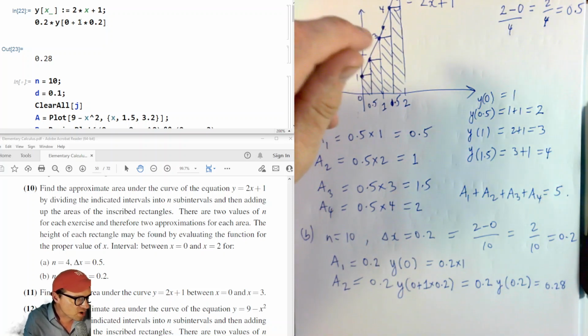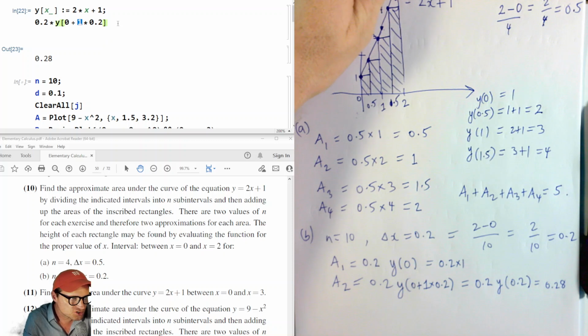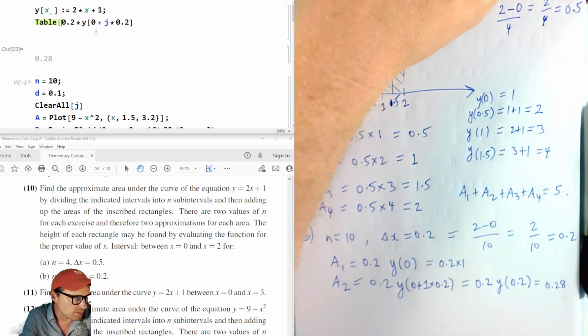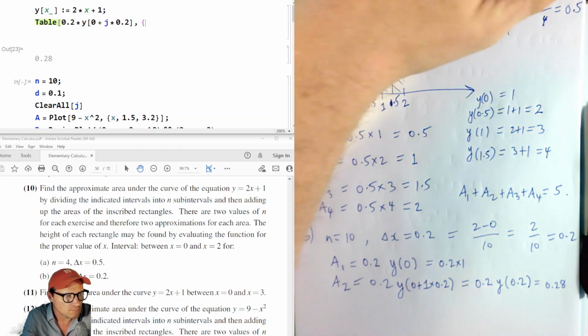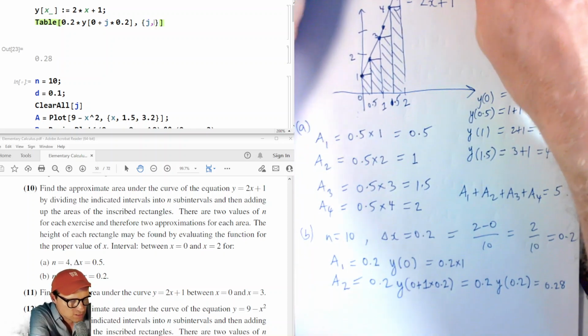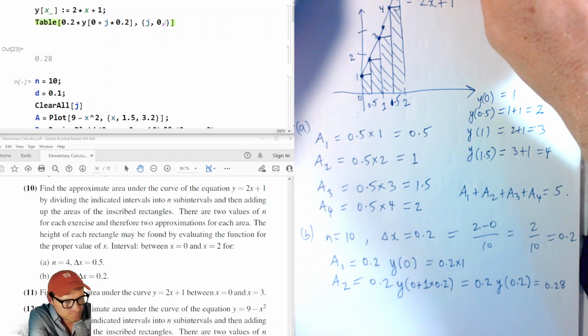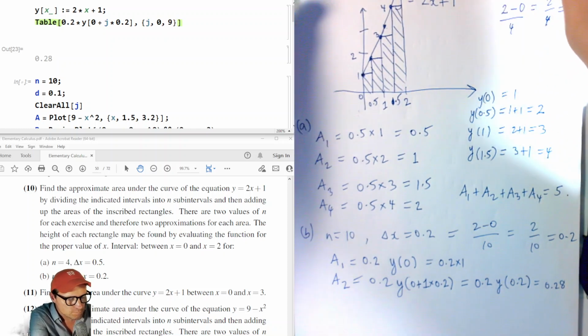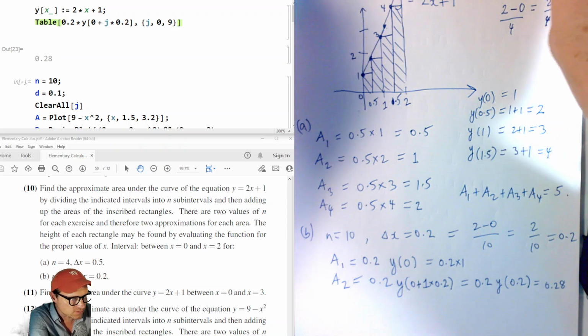So now I am ready to replace that one with a j and make a list of these by writing Table, tabulating this as j goes from 0 up to 9, because that would give us 10 rectangles.